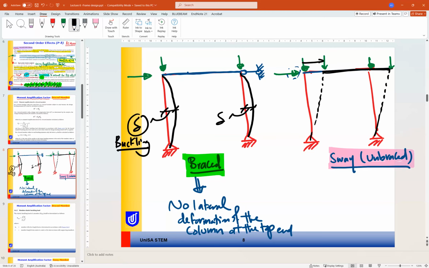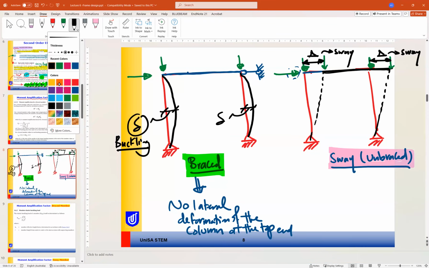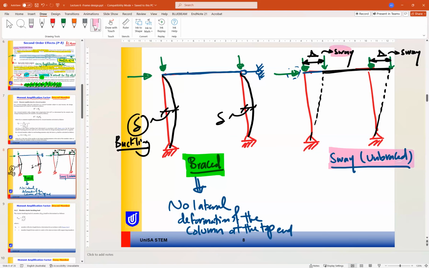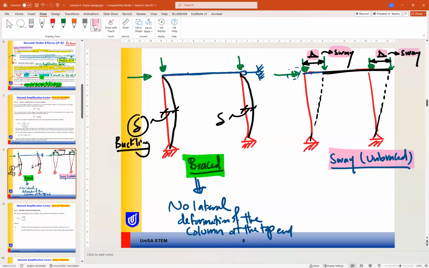This movement is delta capital, or sway. So actually what happened to this column? This column will have two movements. The first one is sway, delta, and another movement which is buckling. So it has both of them.